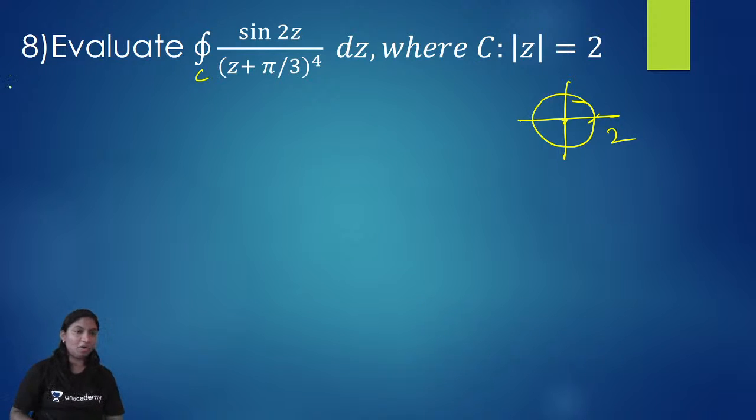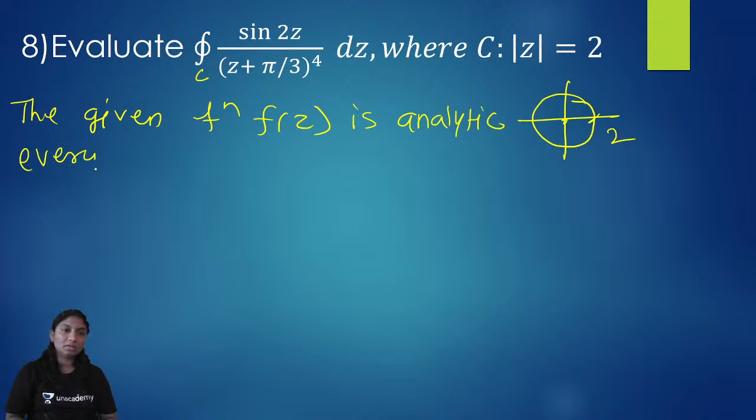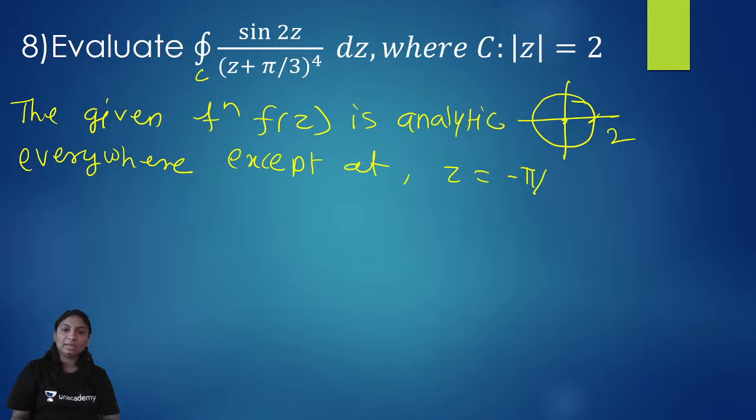the given function f of z is analytic everywhere except at z is equal to minus pi by 3.